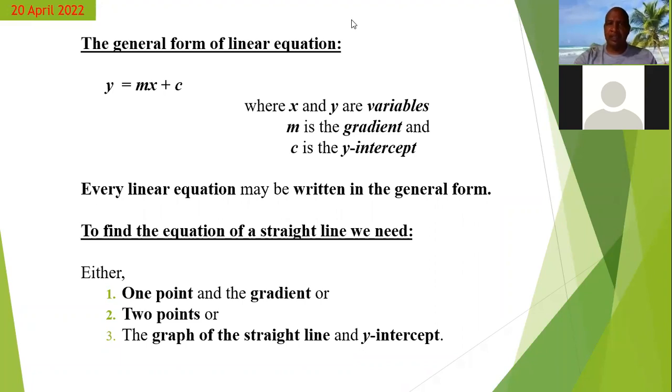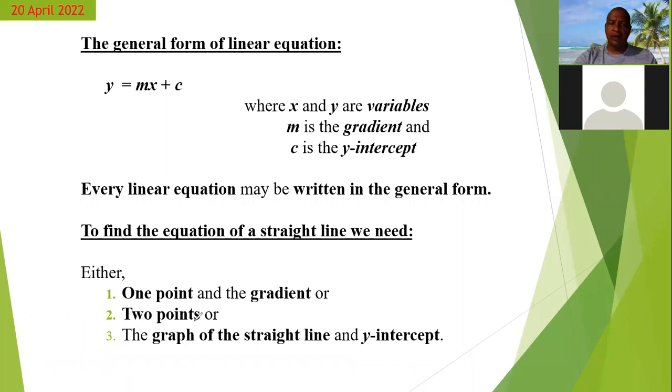So as I was saying just now, to be able to find the equation of a straight line, we can work with any of these given scenarios. One, if we know one point and the gradient, we can use that to find the equation of the line.